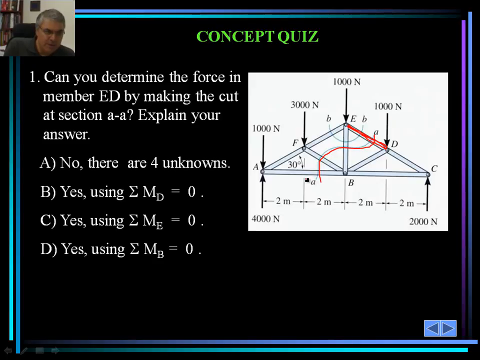AA could be just a straight line going through the member ED, EB, FB, and AB. And then if we do that and we take the summation of moment about point D or E or B, let's see if we can calculate the force in member ED. Can we do that? Let's think about it for a minute before I can tell you the answer.